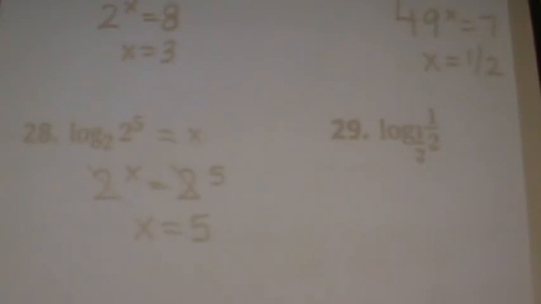What's the answer? What would x have to be to make these the same? 5. When these two are the same, it's always what that exponent is. So in this case, it's a 5. So what's the next one? 1. Good job. 1/2 to the what power is 1/2? And it'd be a 1.